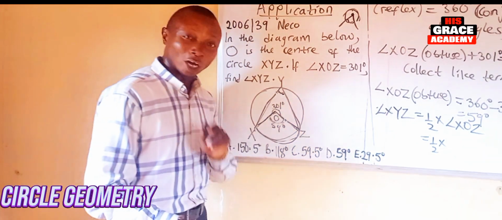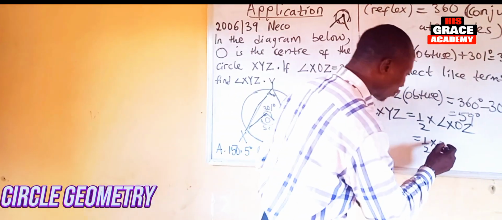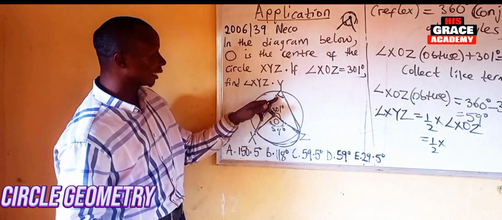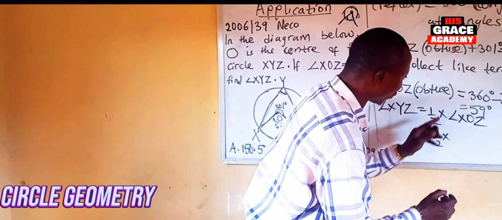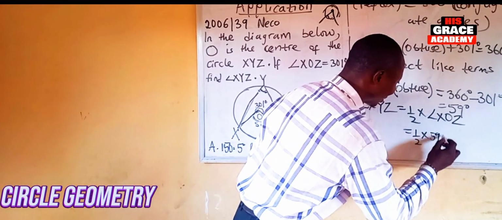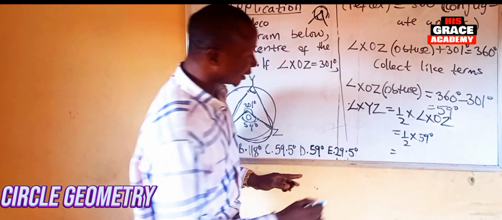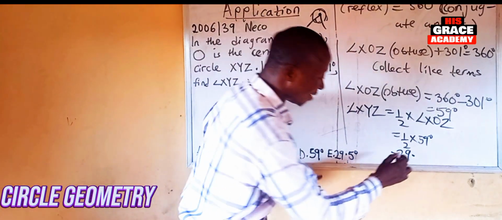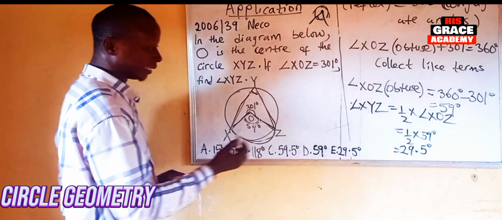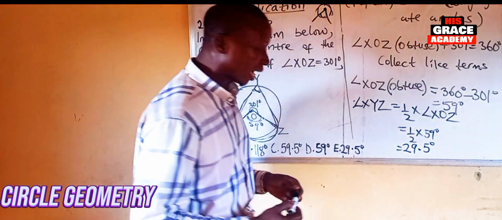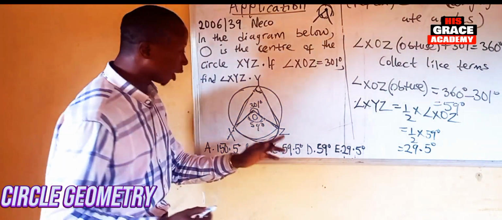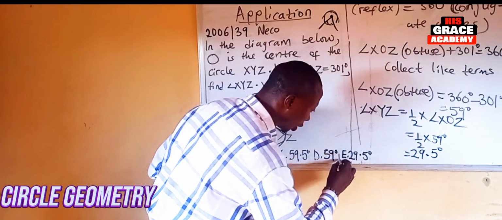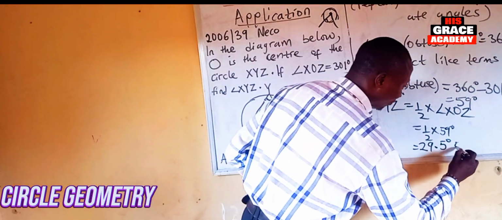Half of this side is this side. So that is half of 59 degrees, which is 29.5 degrees. So the option that satisfies that justification is option E, and that is very correct.